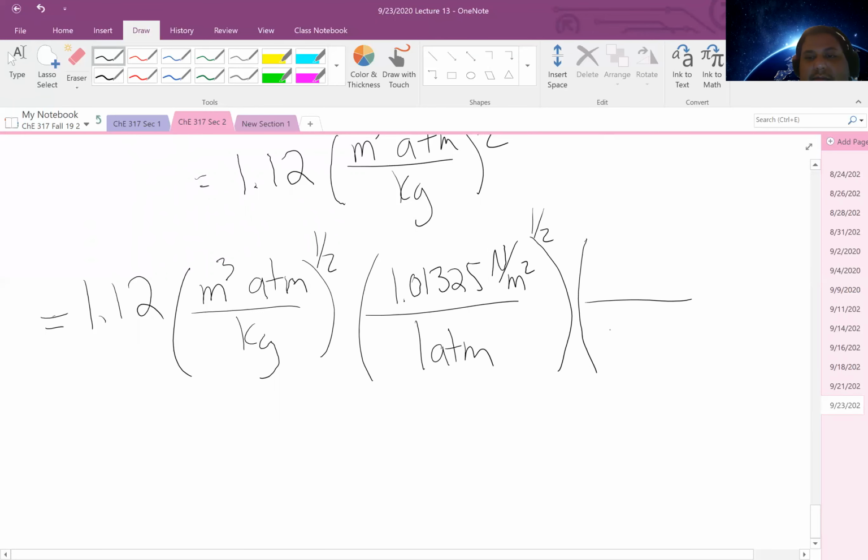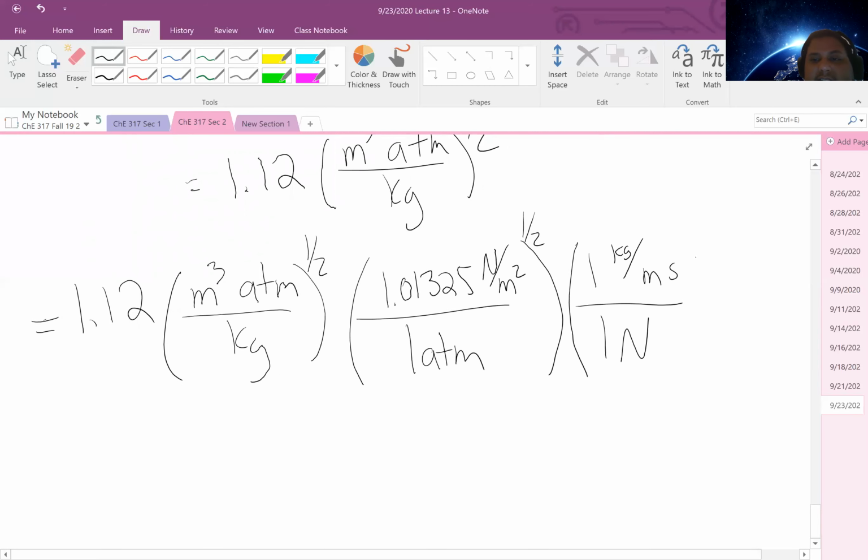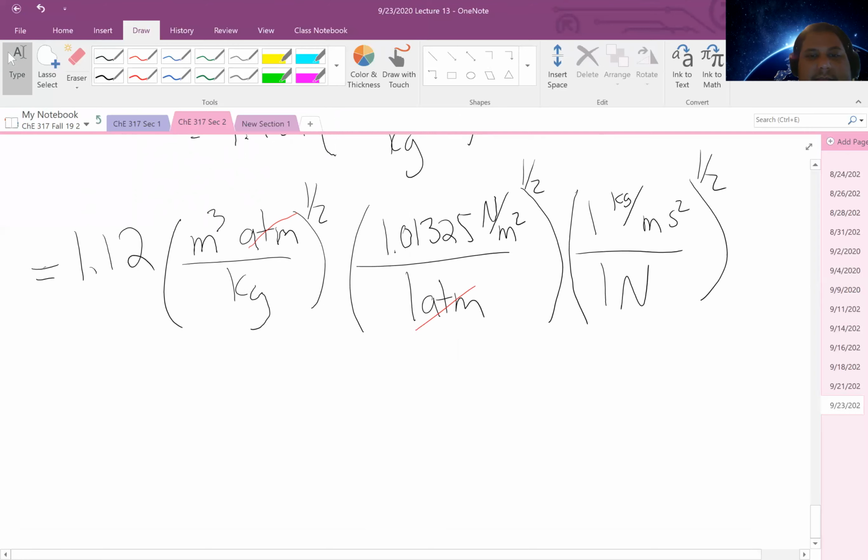And 1 newton is equal to 1 kilogram per meter second squared. So if I do this, the atmosphere to the 1/2 goes away. The kilogram squared to the 1/2 is just a kilogram.